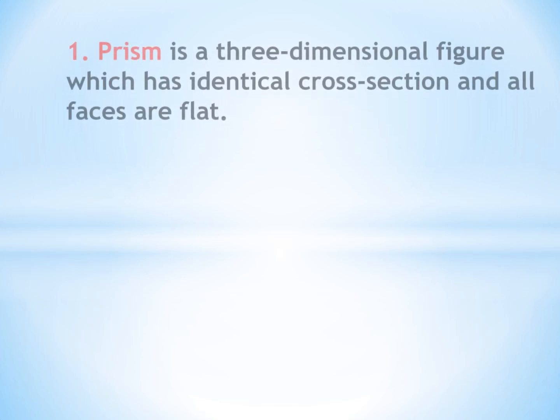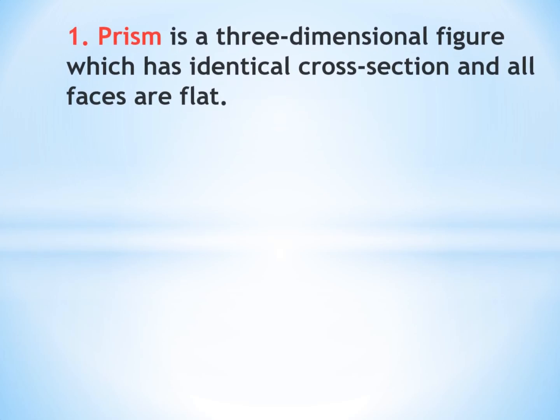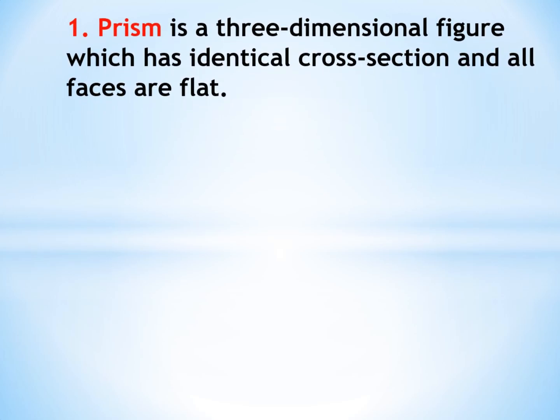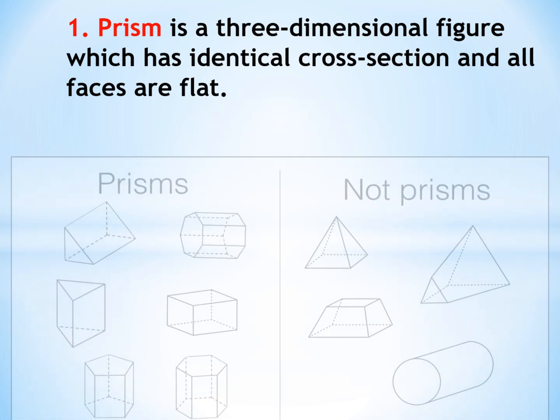Now that we understand surface area and volume, let us discuss the first example of a 3D shape, which is a prism. A prism is a three-dimensional figure which has identical cross-sections and all the faces are flat.